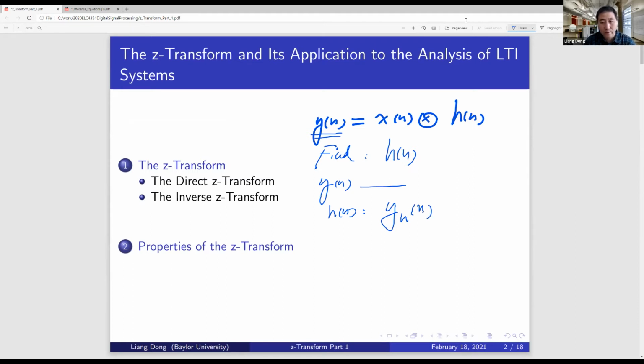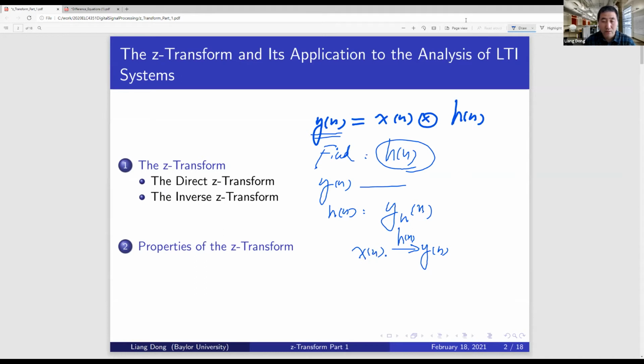Using that, we can find the impulse response. But in general, if you got any particular input and you observe any particular output according to this input, the system is called h[n].